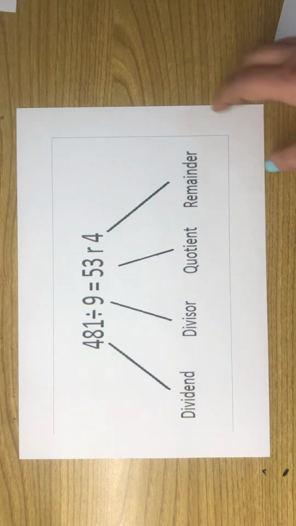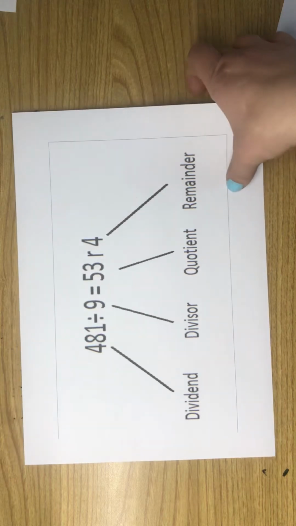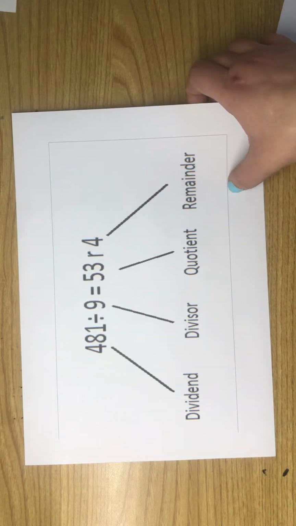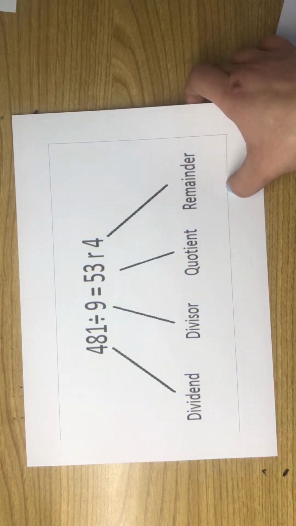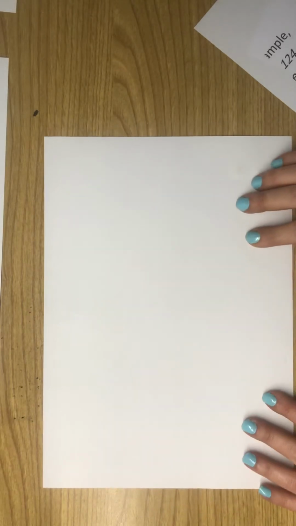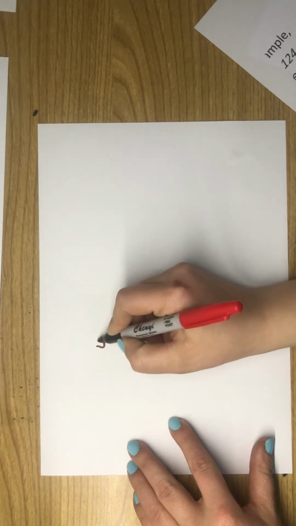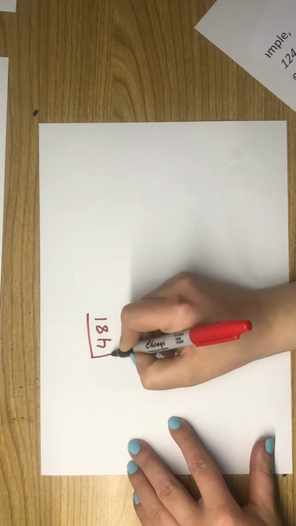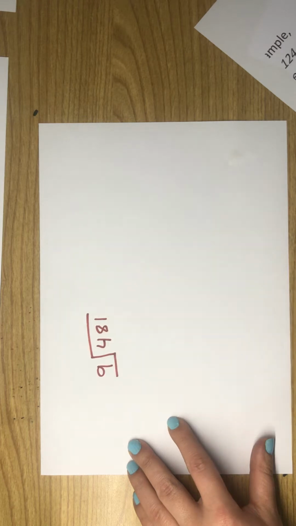Okay, let's do a small exercise about how to divide in long division. So, again, we have 481 divided by 9.